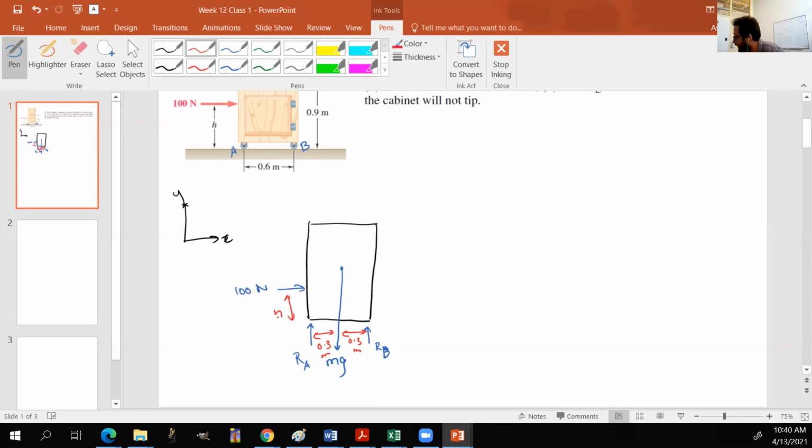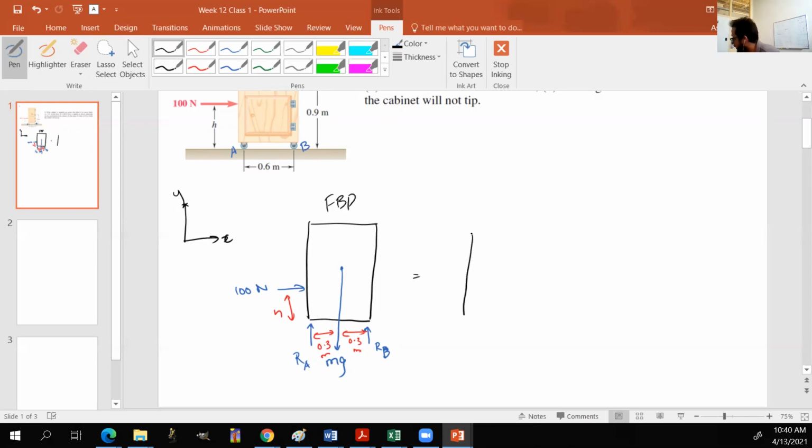All right. So for the first part of the problem, let's consider that moving in the positive x direction is positive. We can say that the sum of forces in the x direction. Oh, wait, I'm skipping a step. What did I forget to do?